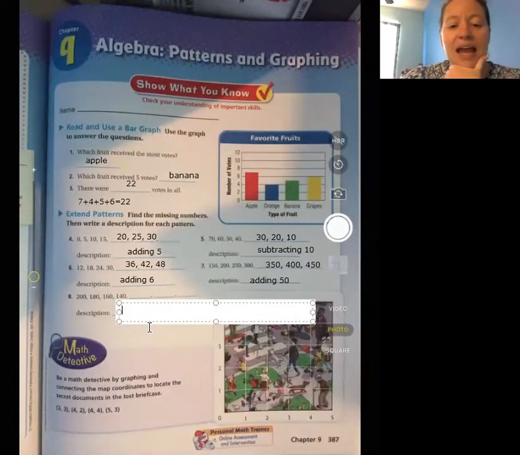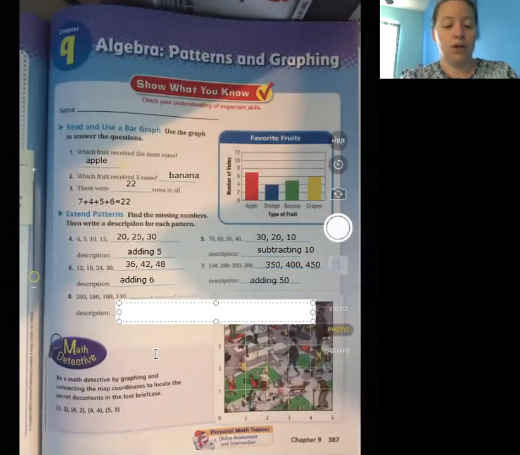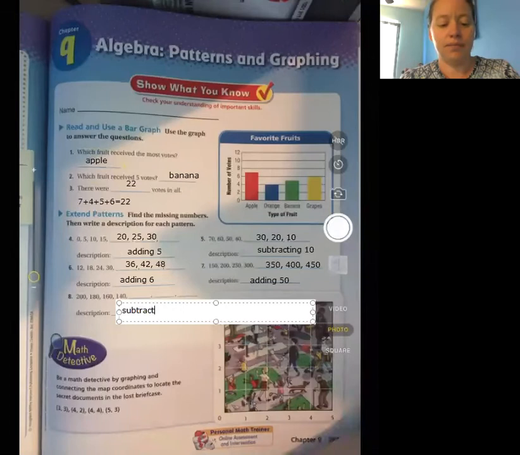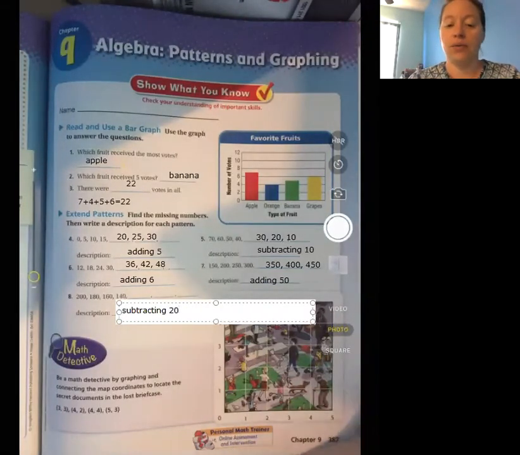Down here, are we adding or subtracting? 200, 180, 160, 140. We're subtracting. How much? What is 180 minus 160? 8 minus 6 is 2. So we end up with 2 and then the 0.